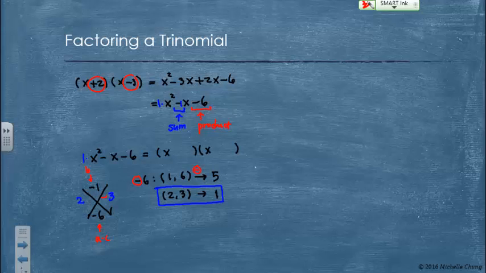In general, if your a times c is positive, then whatever sign you have on your b, both of the numbers will have that sign. If your a times c is negative, then whatever sign you have on your b, it will go to your right side, which is the bigger number.